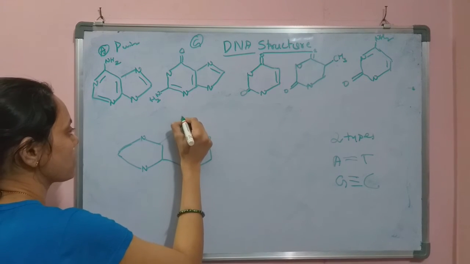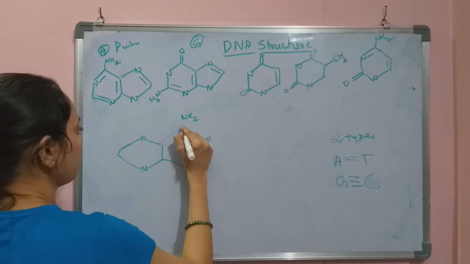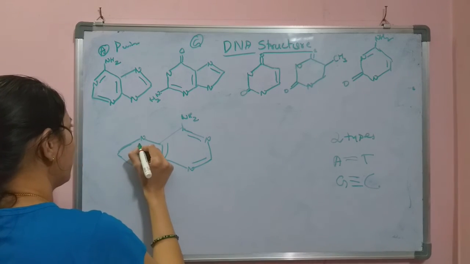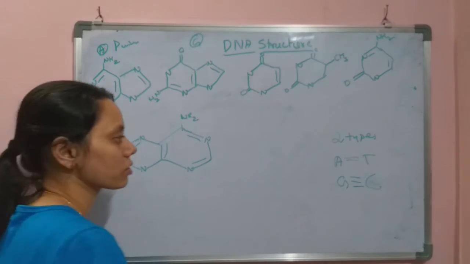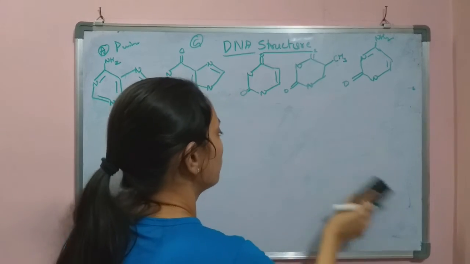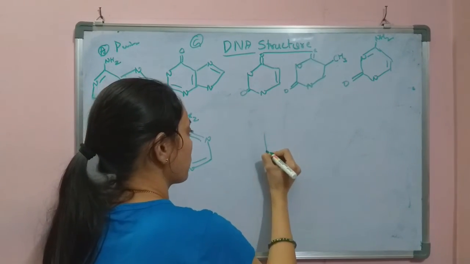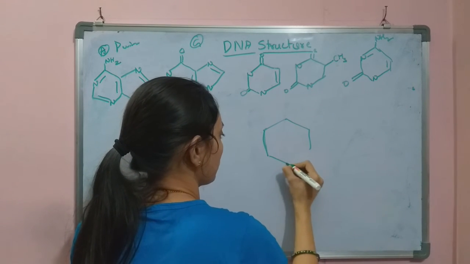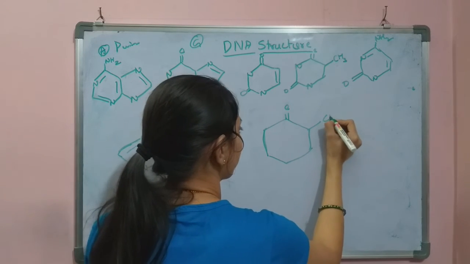So here is an NH2 group, and you will find double bonds over here, here, here, and here, and this is 6-amino purine. So it should be in hydrogen bonding with thymine, that is present in the opposite strand.